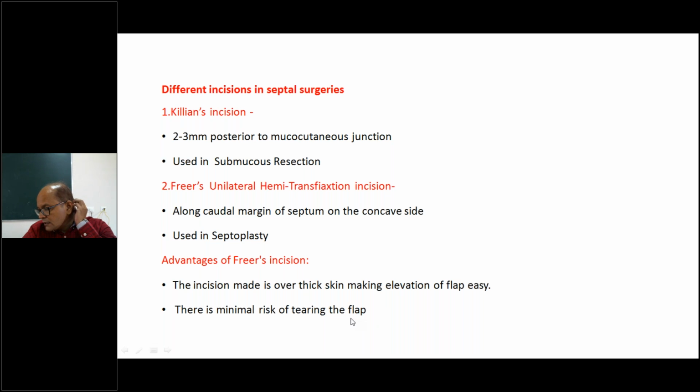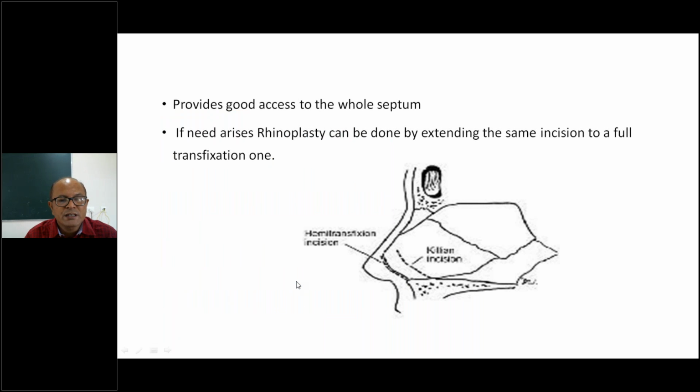But in septal surgery you have to be really patient, and you should not use undue force or show your strength. Even though the flap may not tear, if you fracture the septum, then everything goes waste. You can see this is the hemitransfixation incision and this is the Killian incision.